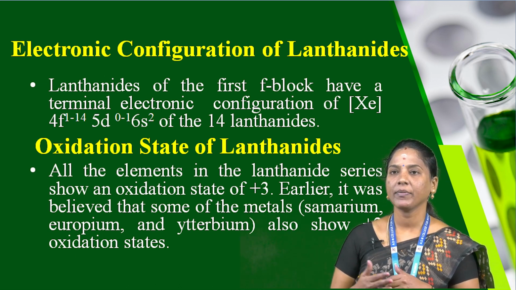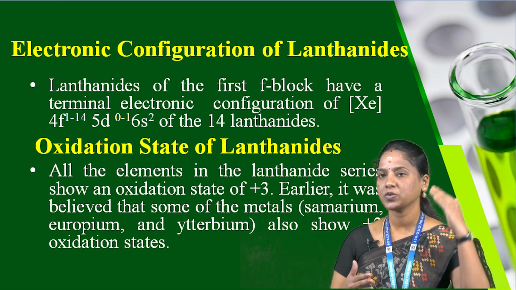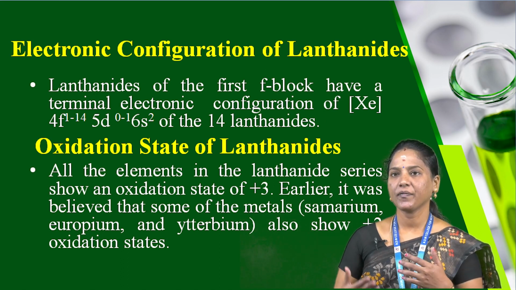Ytterbium, atomic number 70, is also a strong reducing agent in the Yb2+ state for similar reasons. It has a fully filled f orbital.